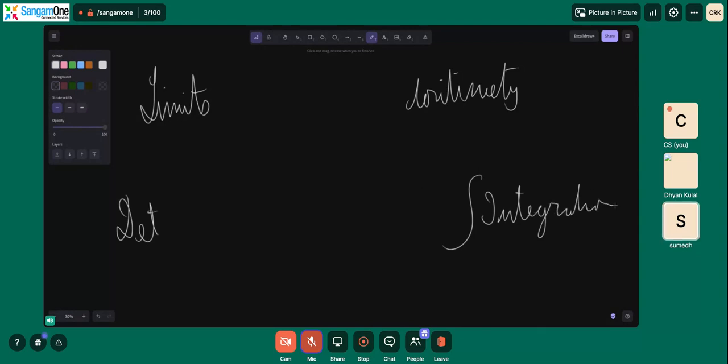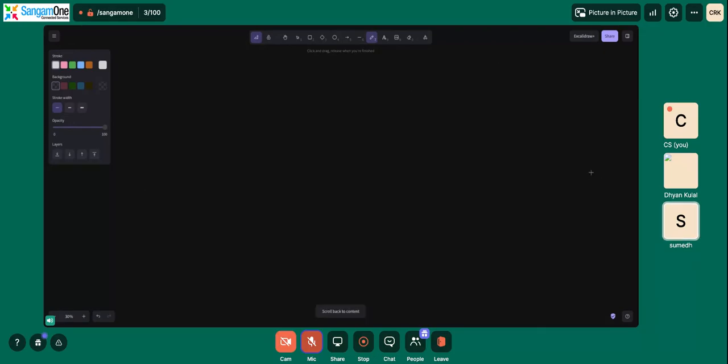We will understand why we use these things and how they originated basically. Okay. So what is a limit according to you? What are limits and why do we need limits?